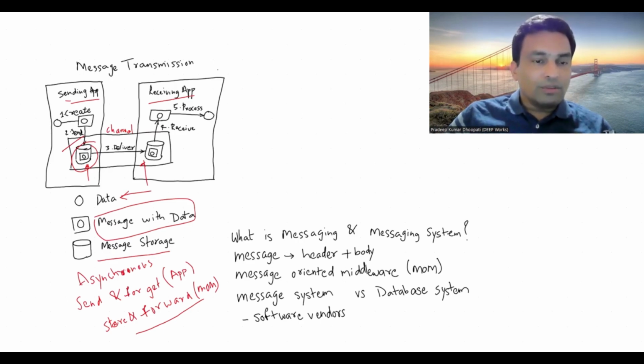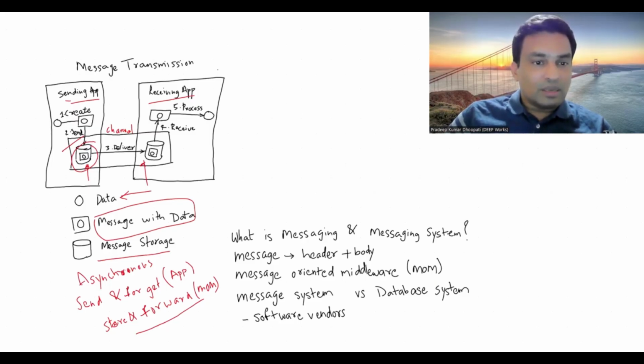We do not know if the receiving application is available to receive the message, and even if the sending app and receiving app are available to communicate at that point in time, we do not know if the networks are reliable. So just to make this messaging system more reliable without worrying too much about data loss, we have to store and forward in every possible step so that the messaging system could retain the message in any failure situations.